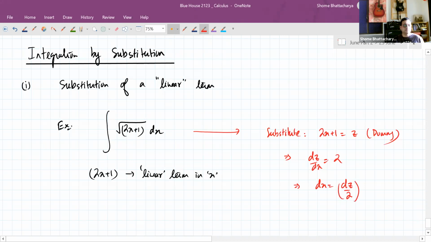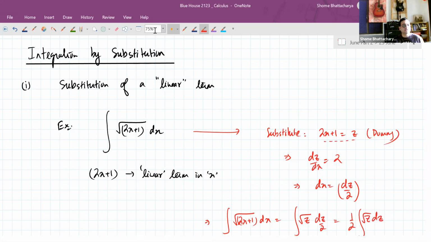So then the integration becomes this integration of square root of 2x plus 1. In this, I can replace 2x plus 1 as z because I've done this substitution. Okay. And I can replace dx as dz by 2. Okay. So this becomes 1 by 2 integration of root z dz.